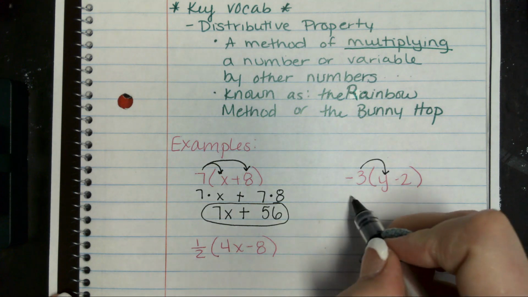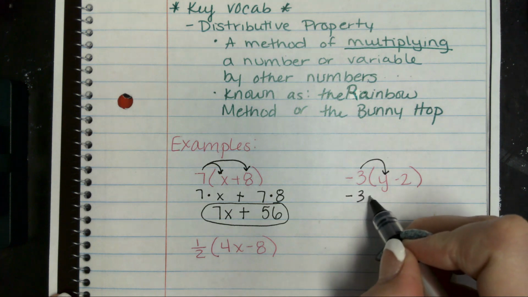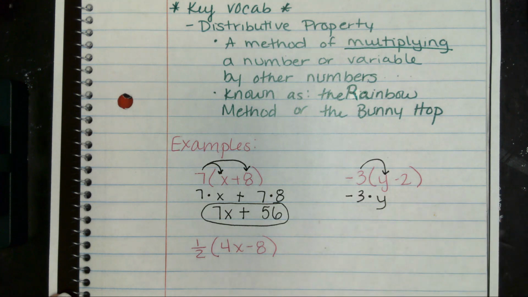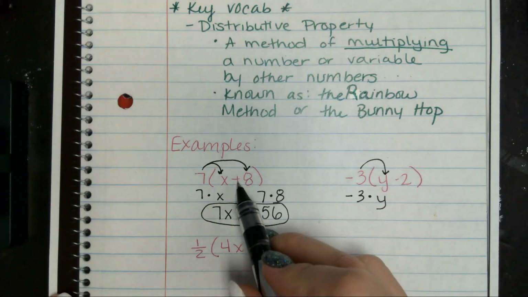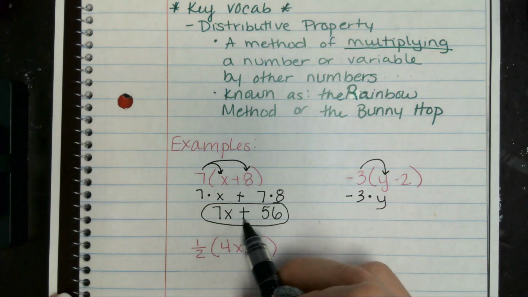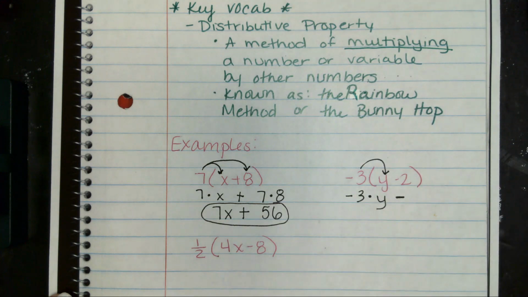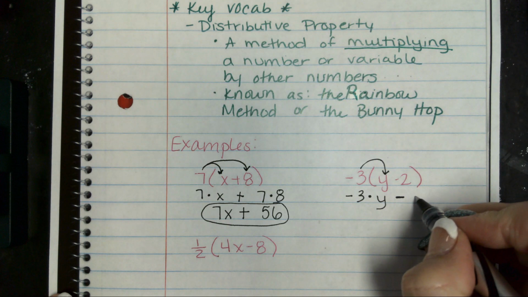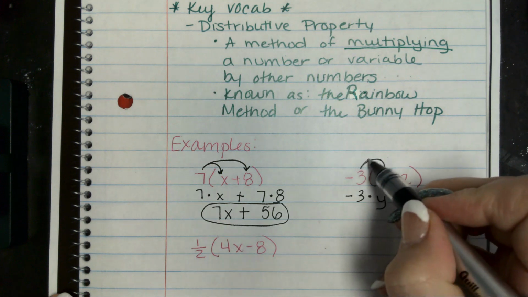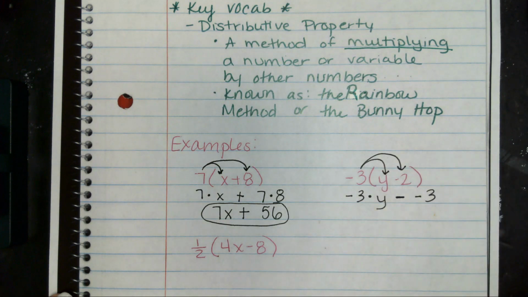So here I'm going to take my -3, and I'm going to times it by y. Now, just as how we brought down our plus with our first problem, we're going to bring down the minus that's right here. Now I'm going to have to go -3, and I'm going to times that by 2.